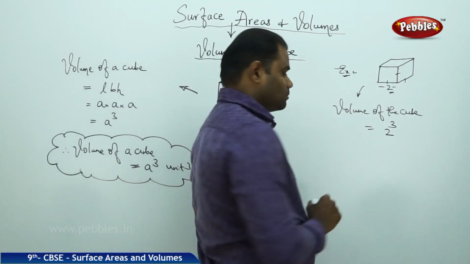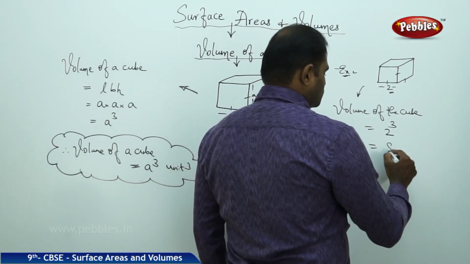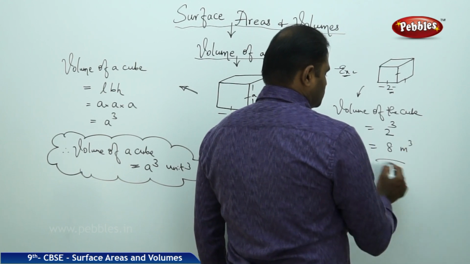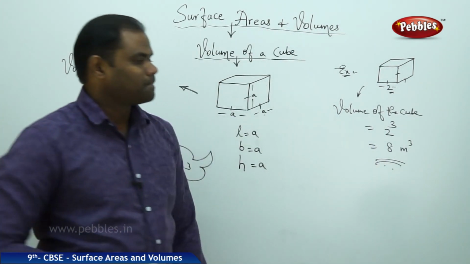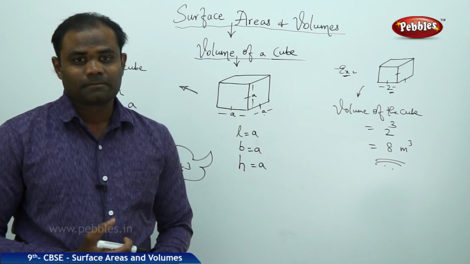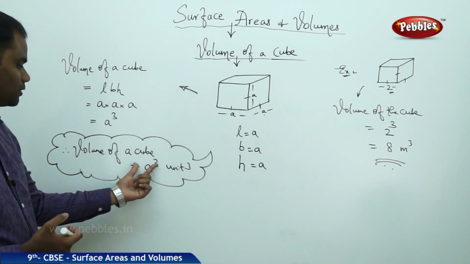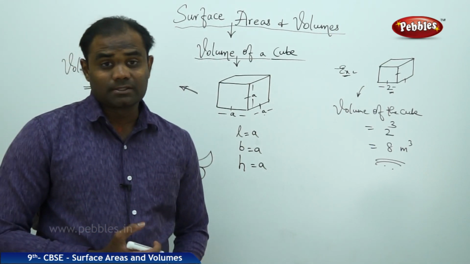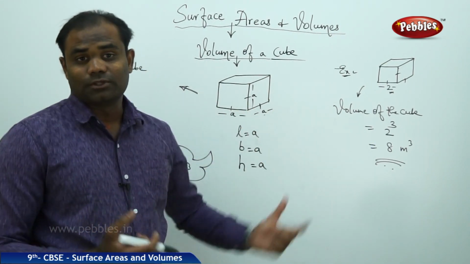I have this 2 cube which is 2 times 2 times 2, which is 8 meter cube. That is how we understand the volume of the cube given its dimension. It is given by the formula A cube unit cube, where A is the side of the cube.